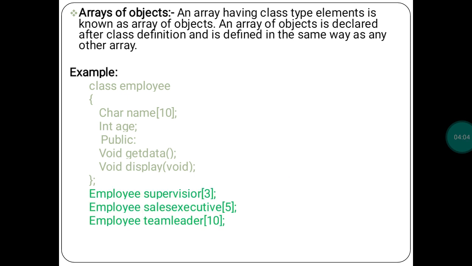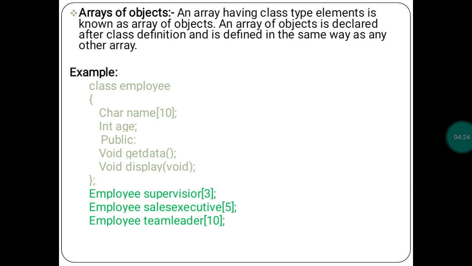So next is the creation of objects. Employee is a class name, supervisor is an object, and the array size is 3.